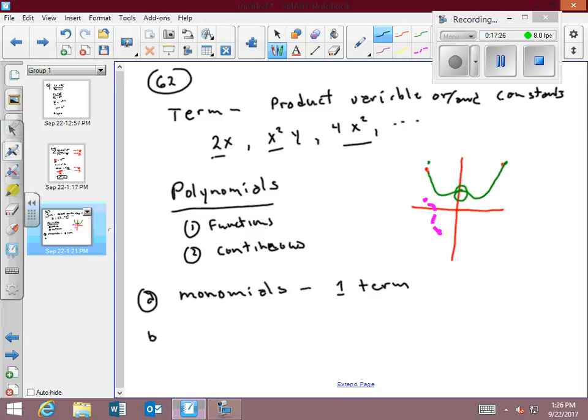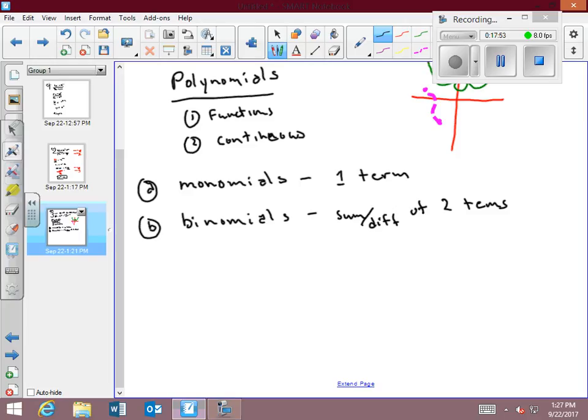The second thing is a binomial. Bi means what? Okay, 2, right? So it's the sum, you might say difference, of 2 terms. Now only 2.